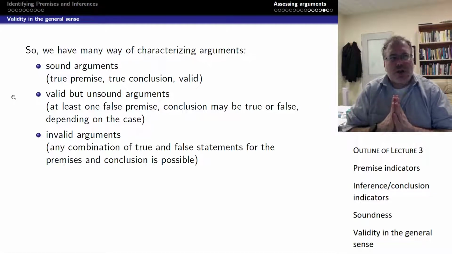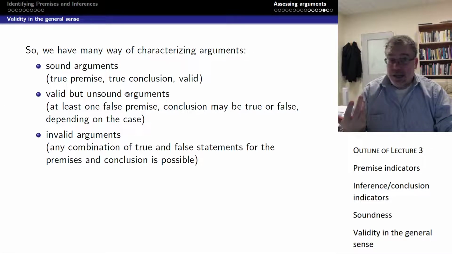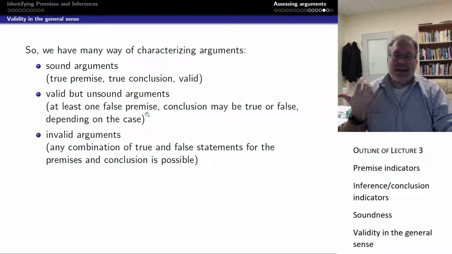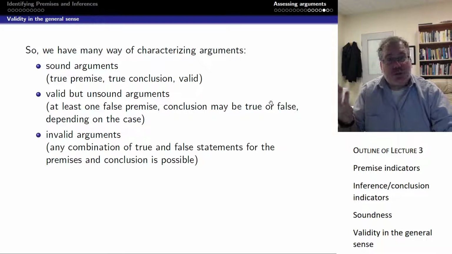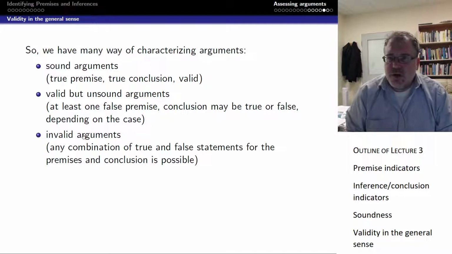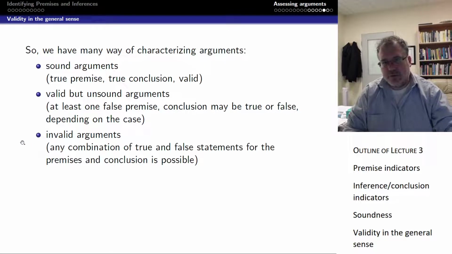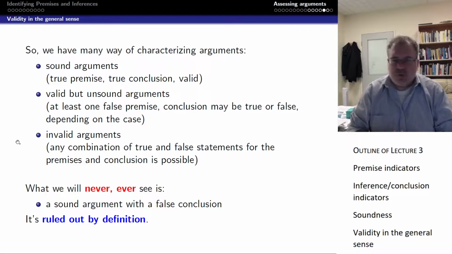Okay? So we've seen many ways of characterizing arguments. We have sound arguments, those with true premises, a true conclusion, and they are valid. We've seen valid arguments that are not sound. Those are the ones with at least one false premise, in which case the conclusion might be true or false, we don't know. And then we also have invalid arguments, which can have all sorts of combinations of truth and falsehood for the premises and the conclusion.